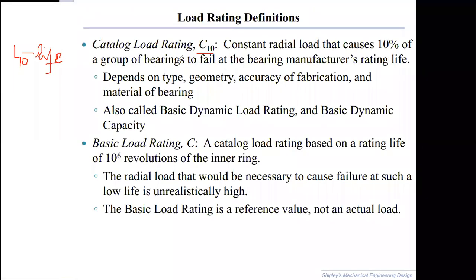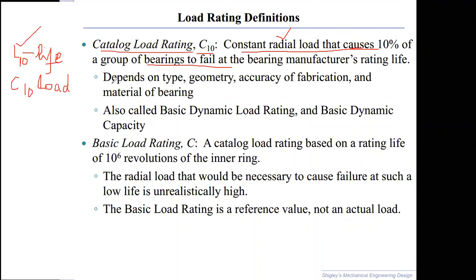For a group of bearings, it's the constant radial load that causes 10% of the group of bearings to fail. So this L10 that you got, I am sure that it is at some radial load. What will we call that radial load? We will call that C10. So there is some load that is causing 10% of those bearings to fail, and we call that load C10, or the catalog load rating.